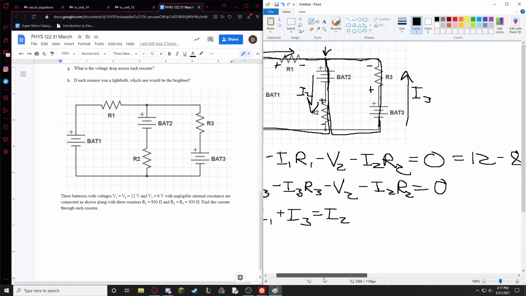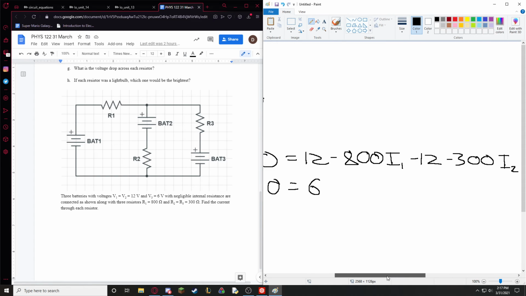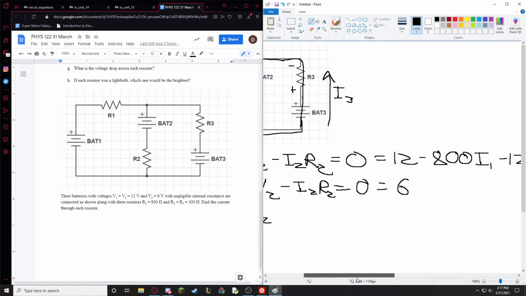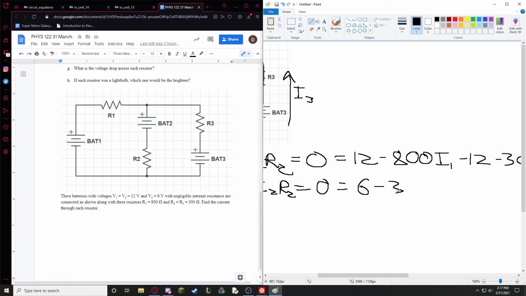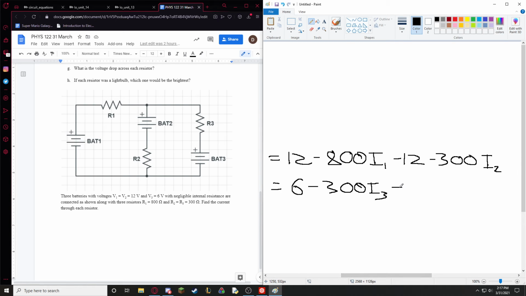For the second one, plus V3, which is 6 volts, minus I3 R3, which is minus 300 I3. And then we have the same minus 12, minus 300 I2.